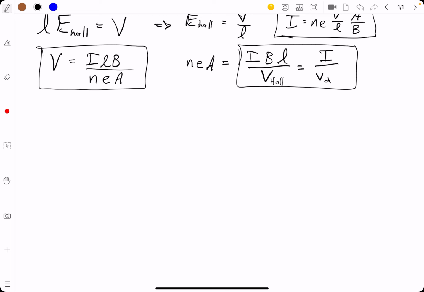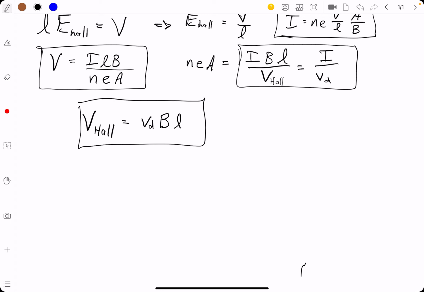The i's cancel. So we have our Hall voltage is equal to our drift velocity times our B field times the length of our sample, so this makes it really easy.